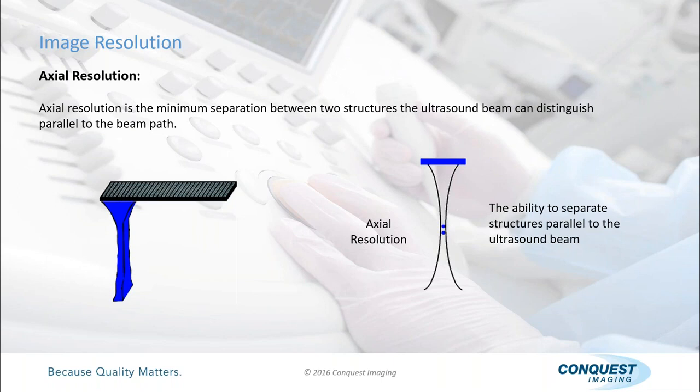Because we're not focused right there, they're too close to the near field, they will blur together as one larger object. So we're always looking for that in phantom testing. The specific definition says parallel to the beam path. I prefer to say axial is top to bottom, meaning they're two objects, one on top of the other.